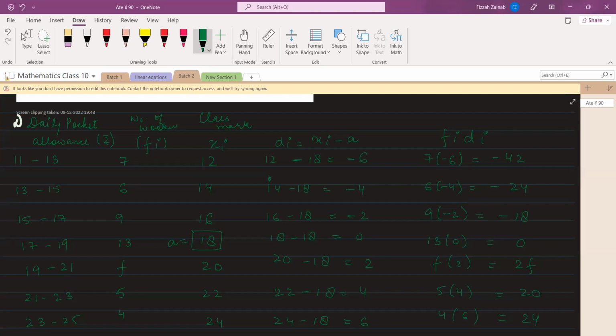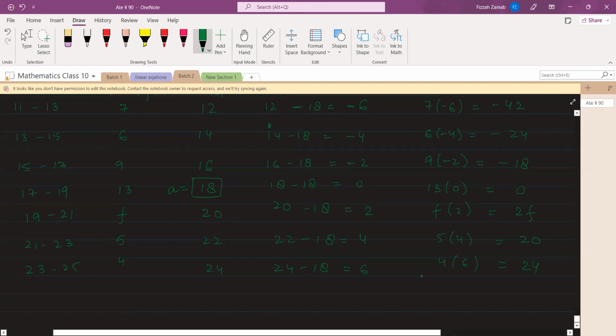Okay. Now which summation you need? You need summation of fi and summation of fidi. So how will you write it now? Except f, what is the sum of the numbers here? Can you add them? 44 plus f. Okay, so summation of fi, you can write it 44 plus f, right? And similarly here, your summation of fidi will be how much?